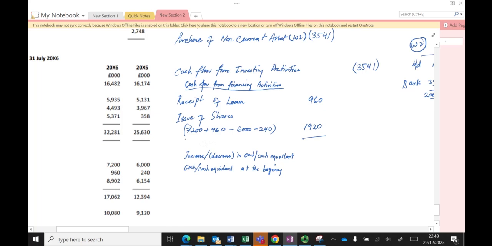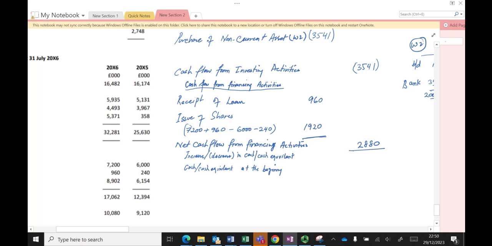Now I need to write net cash flow from financing activities. The total is 2880.